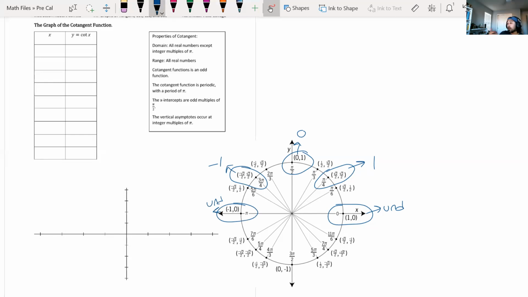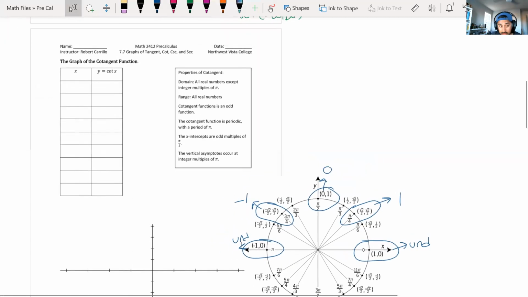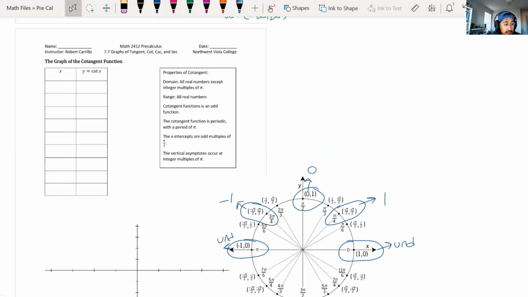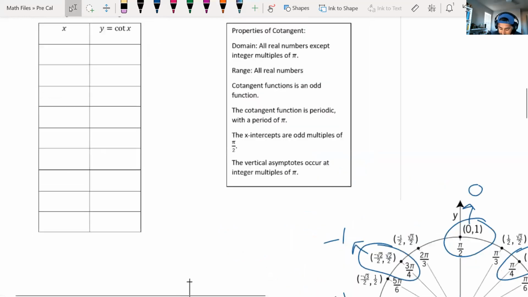Okay, so cotangent and tangent share the same x values because those are the ones that graph the nicest. We can graph pi over 6 and pi over 3, but that's only if you like graphing ugly things. So same setup here, guys. Negative pi to pi.